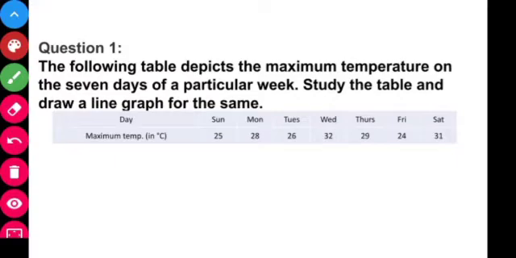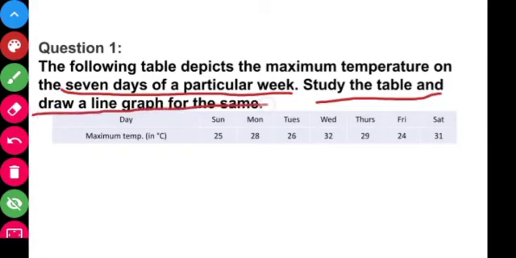Now come to exercise 23, question number 1. It is given, study the table. Here this table is given: temperature on 7 days of a particular week. Study the table and draw a line graph for the same.